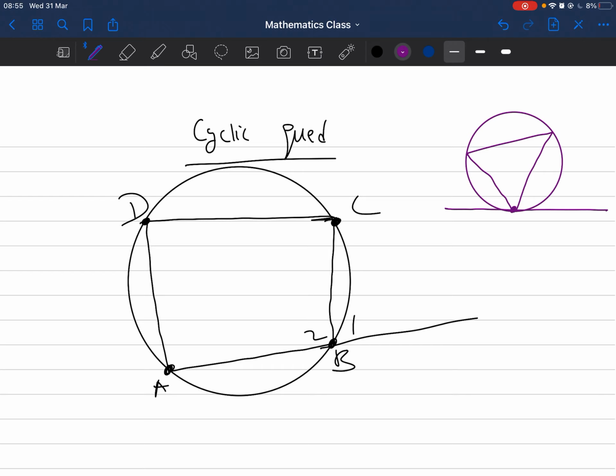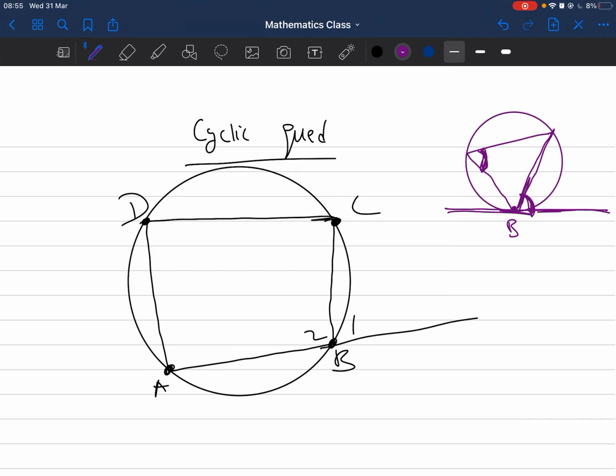If you've been following what I've been working on, you remember this angle here is the same as this angle, and the reason was the angle between the chord and the tangent, and then the interior opposite angle, they're the same, as an exterior angle.